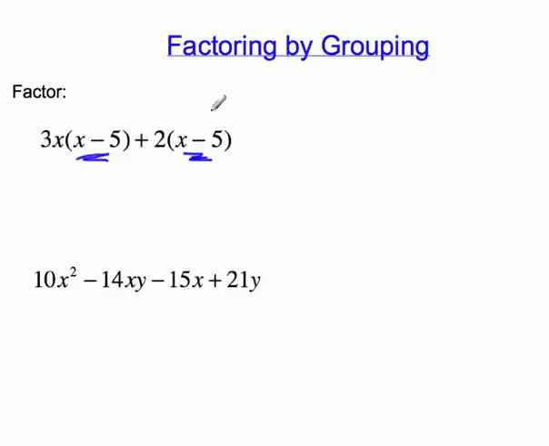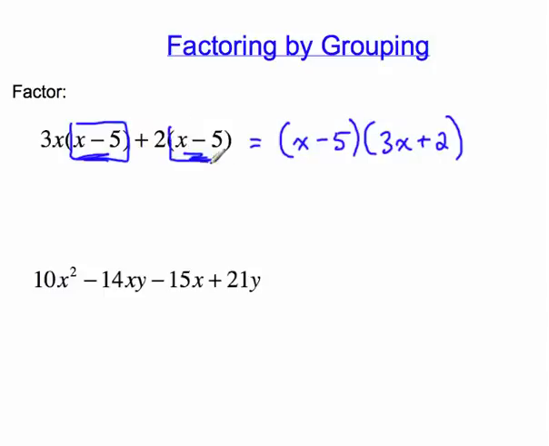So we can pull that whole binomial x minus 5 out front, and when we pull the x minus 5 out front, we're left with 3x plus 2. So it's quite similar to common factoring, although here you can think of this whole thing as being one common factor. And if you imagine it sort of being put in a box like that, you might be able to visualize the result a little bit more simply.